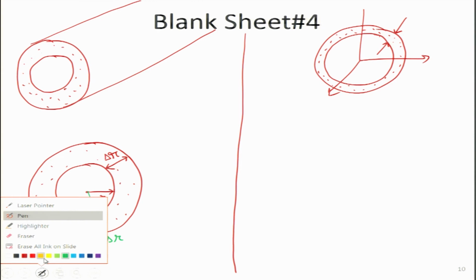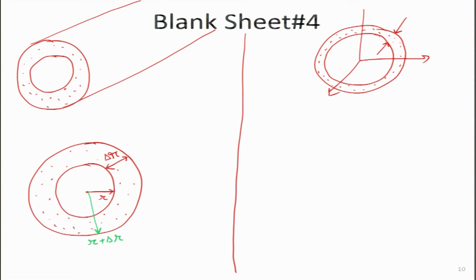So, I am just doing an analogous analysis. If the q dot on this side of the surface, I can write it as q dot r. How can I write on the outer side?